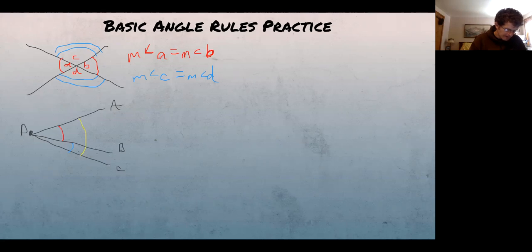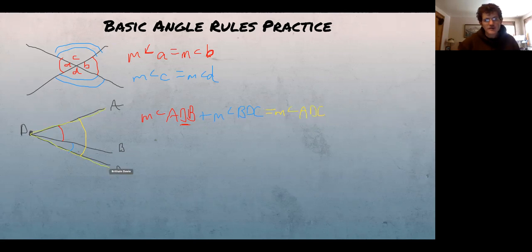I can say that the measure of angle ADB, notice that the D in the middle is my vertex, plus the measure of angle BDC, that's going to equal the measure of angle ADC. And that's this big angle right here.